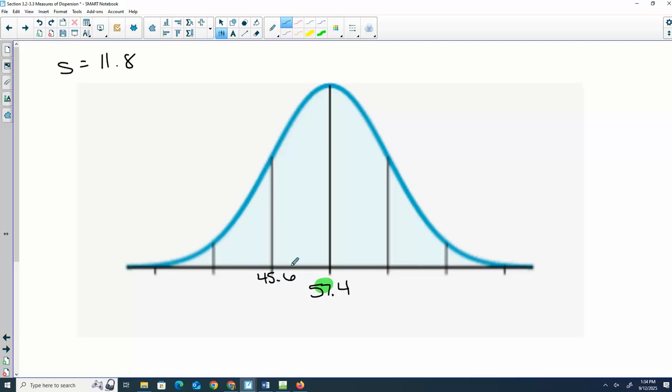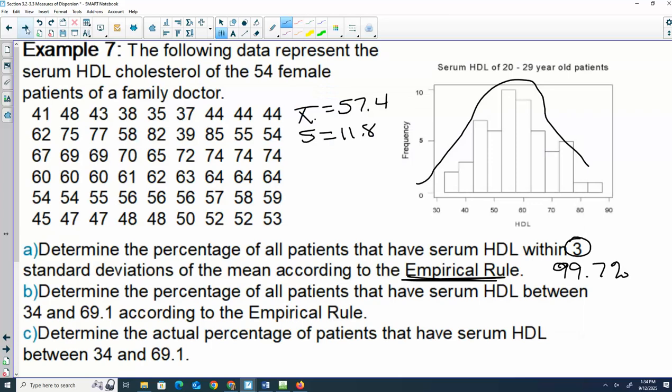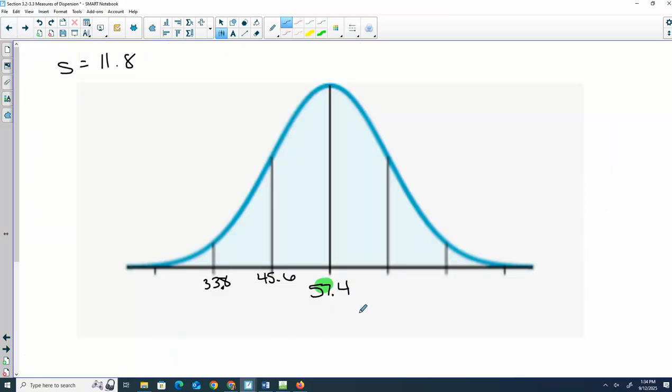If I subtract it again, 33.8. I'm trying to find values between 34 and what? 69.1. Let's go the other direction. So if I do 57.4 plus 11.8, plus 11.8.